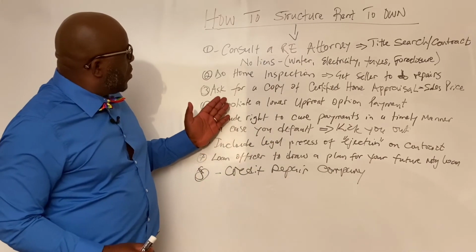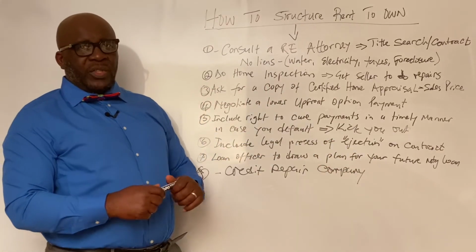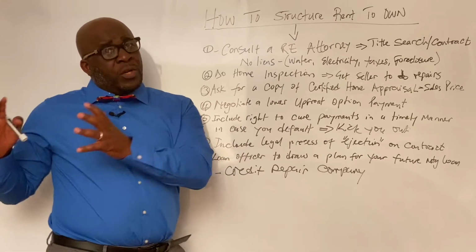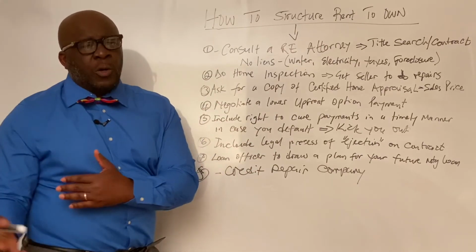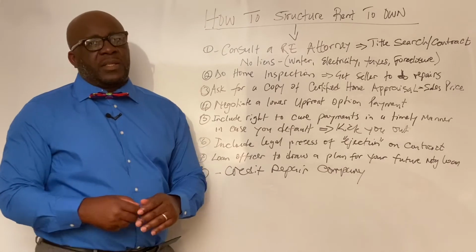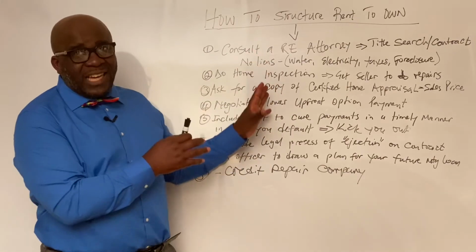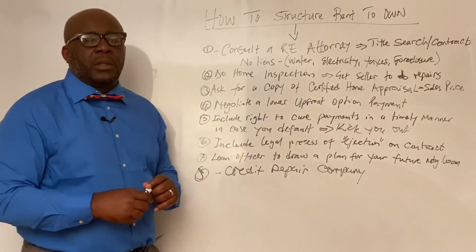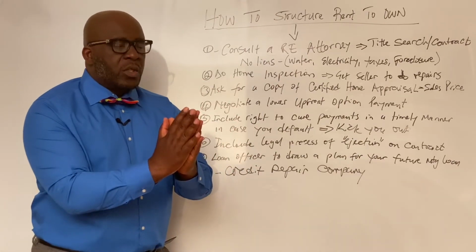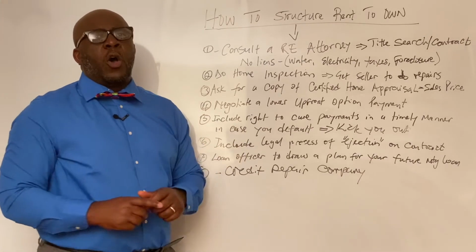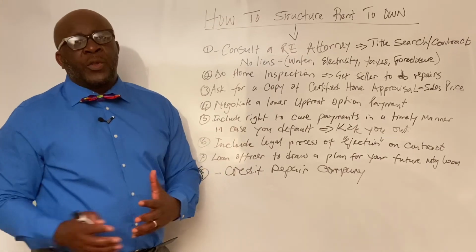This is how a rent-to-own is a cash machine for most landlords, because some people who don't even own these homes get them on a seller financing option, and they come out and rent them out to people and make millions on the rent-to-own. And that is why rent-to-own is called one of the cash machines in the real estate investment world. But if structured correctly, rent-to-own provides a huge opportunity for people who cannot qualify for a loan for one reason or the other.